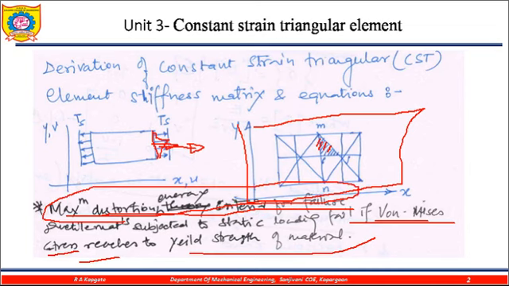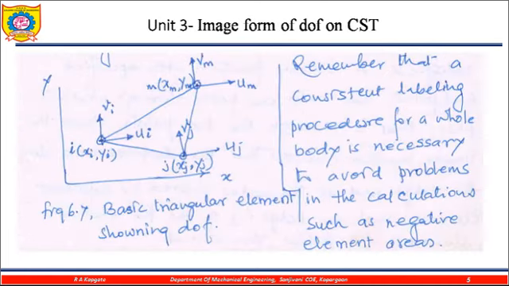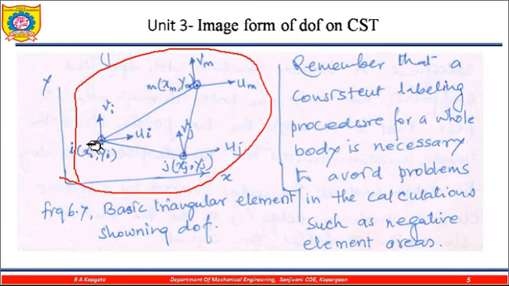Now let us move on. First of all, select the element. As I have shown you, we take the triangular element for the study. This is I, this one is J, and this one is M. Along it, we have the coordinates of the triangle.